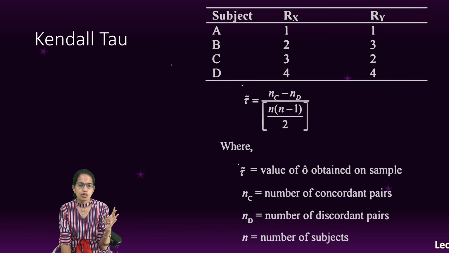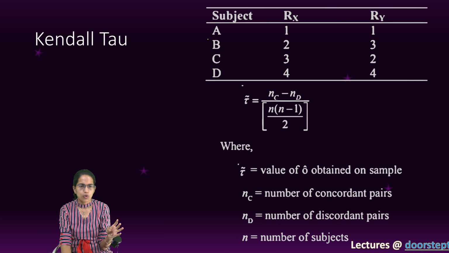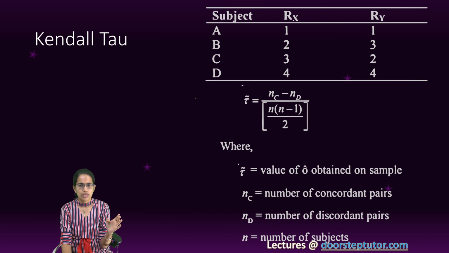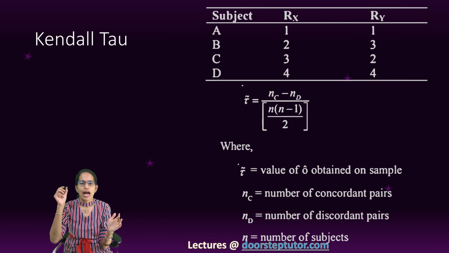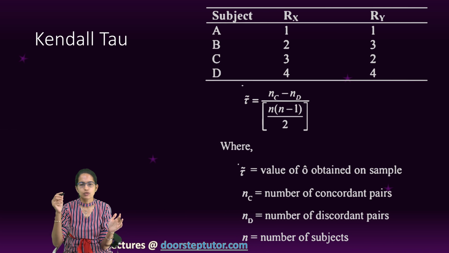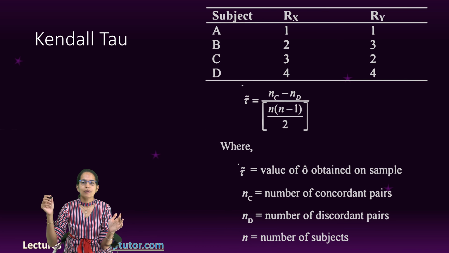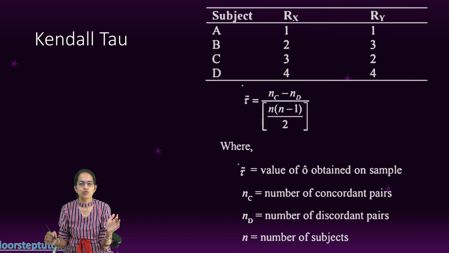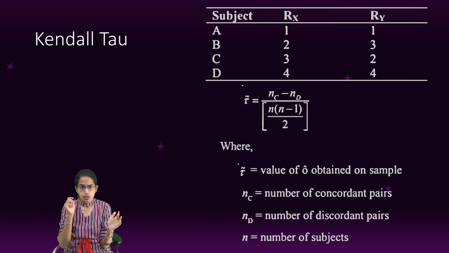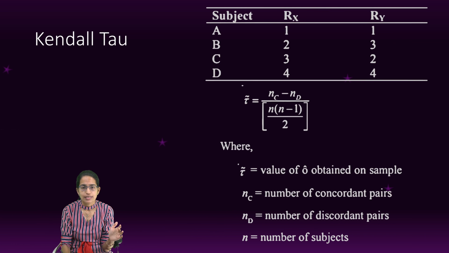I have four people who have done the drawings: A, B, C, D. The ranking by the first judge is 1, 2, 3, 4. The ranking by the second is 1, 3, 2, 4. Now, what am I trying to do? Understand this carefully.